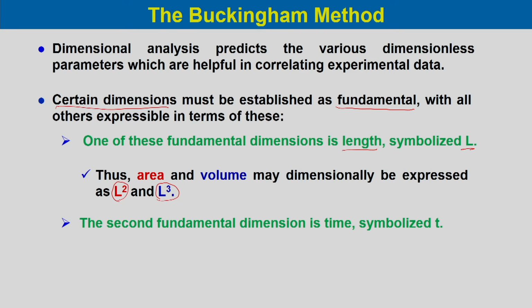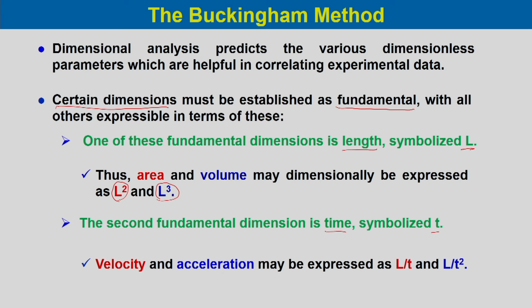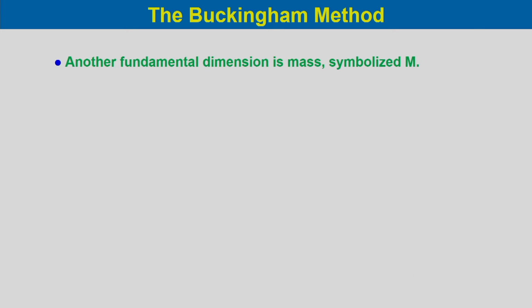Similarly, the second fundamental dimension is time, which we symbolize with T. If we want to define velocity or acceleration, velocity is length per time and acceleration is length per time square. So velocity, acceleration, area and volume are based on certain fundamental dimensions, here length and time.